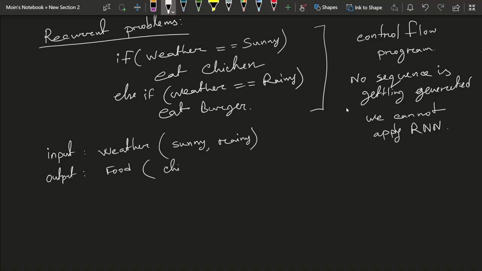It could have chicken, burger, and for example, pizza as well, or we can enlarge the elements of this input output set. So our problem is to map this input to this output. That means we want to map a weather variable to the food variables.